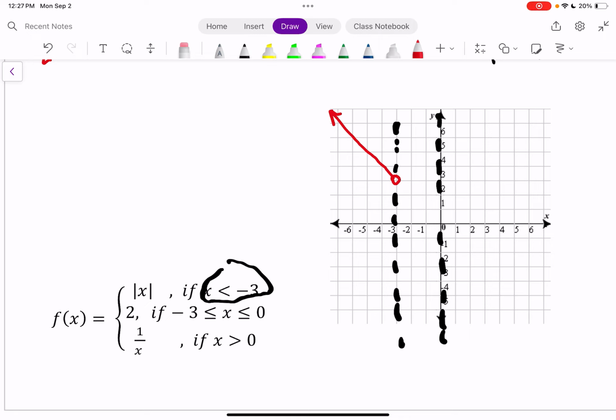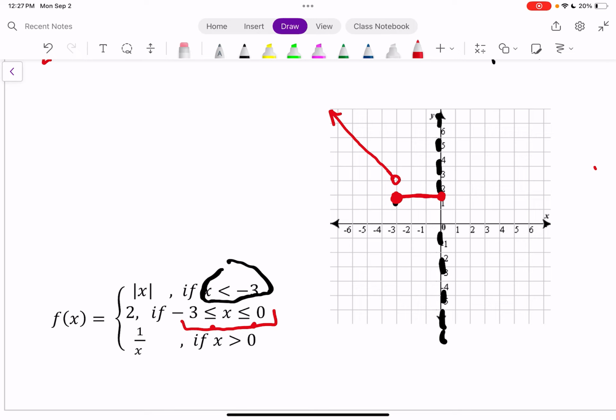Between -3 and 0, it's the horizontal line y equals 2. And both these ends I'm going to bubble in. Both those ends are going to be bubbled in because x equals 0 and x equals -3 are part of this definition.